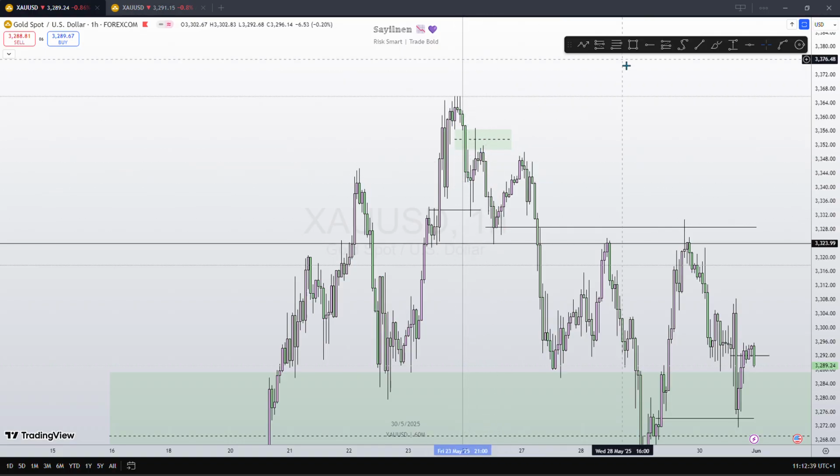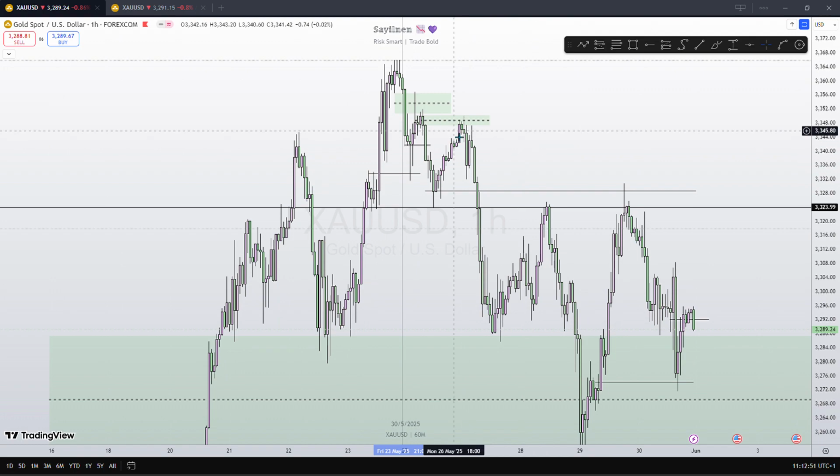We could see now price tapping, boom, break of structure right here, and price retracing back up, tapping into this OB, and we could see how price rushed down. So all of this happened.